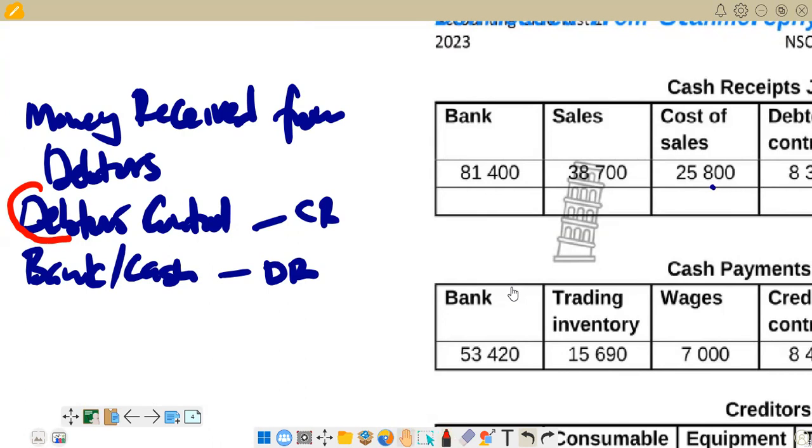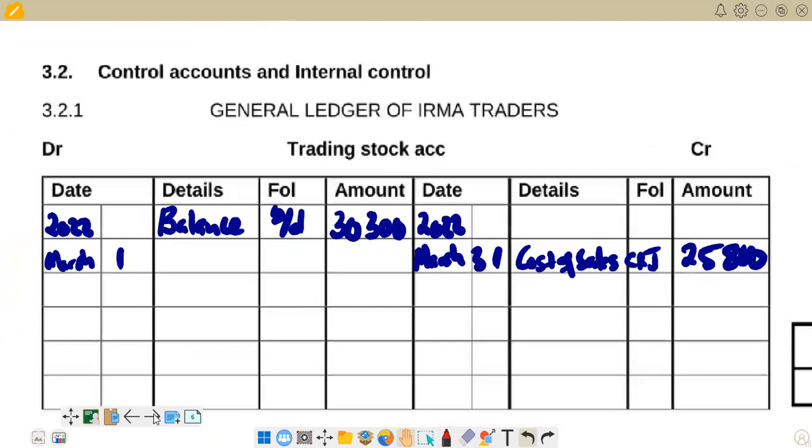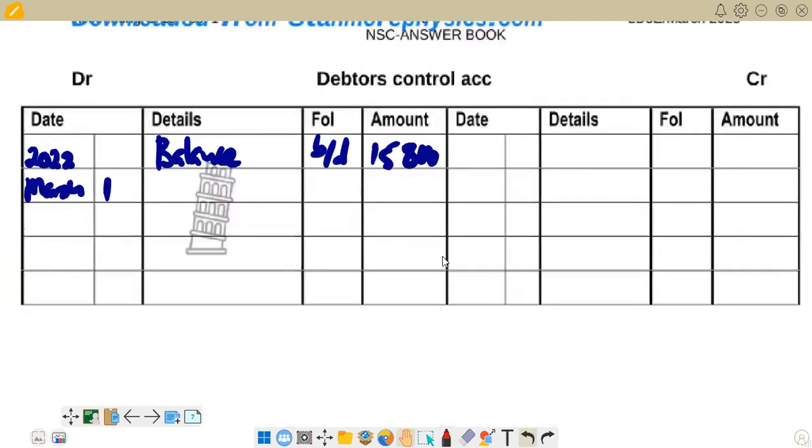So if you come here, you see that we've got 8,340. So we are going to the credit side of the debtors control and enter that amount. It is coming from the cash receipts journal again as our folio reference. We go there and enter that one. We are now on the debtors control, so we are going to the credit side, and we are saying this is 2022, and it's March 31.